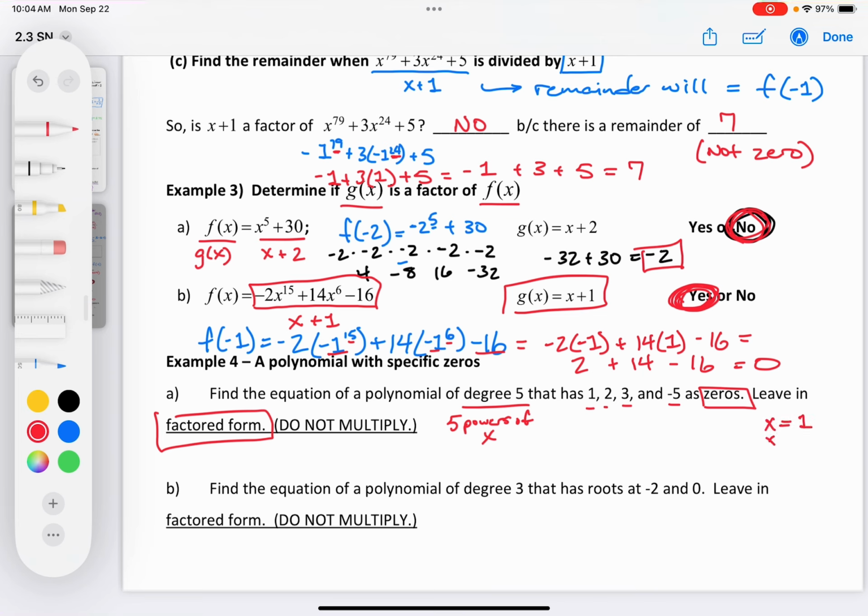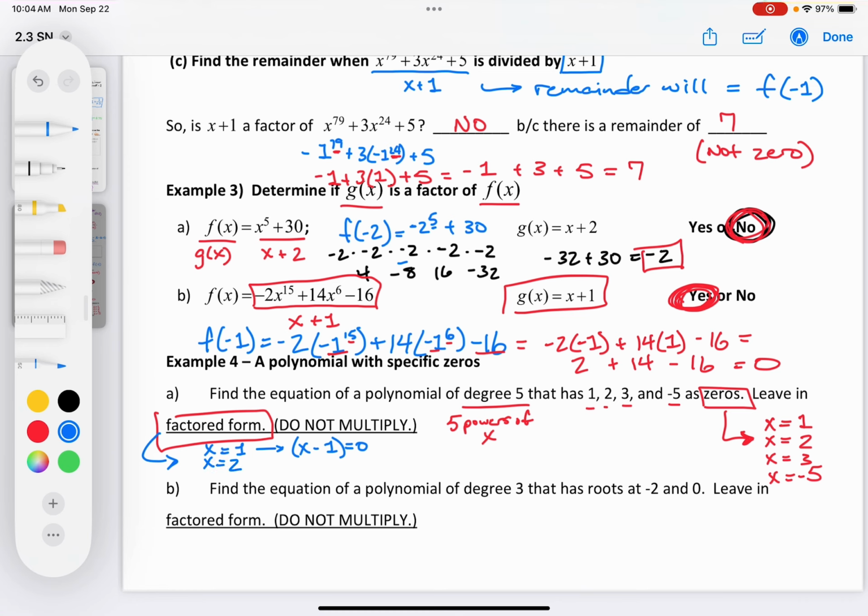equals 1, x equals 2, x equals 3, x equals -5. That's when there's zeros, okay? I need to convert every one of those to a factored form. So if I have x equals 1, as a factor, that would be x minus 1 equals 0. That would be my factor right there.